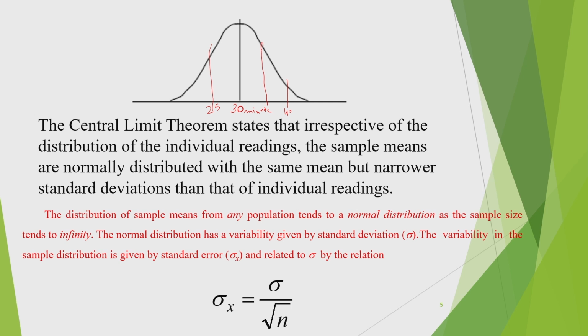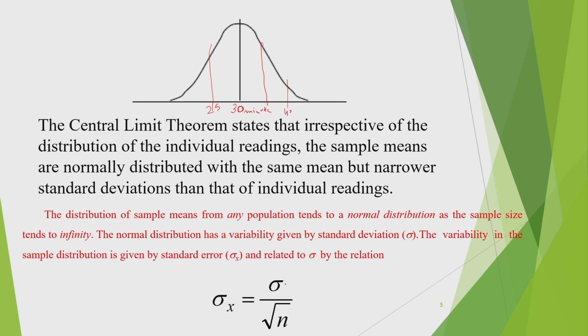So, the distribution of sample means from any population tends to a normal distribution as the sample size tends to infinity. The normal distribution has a variability given by standard deviation. The variability in the sample distribution is given by standard error and related to sigma by the relation sigma x bar is equal to sigma by under root n.